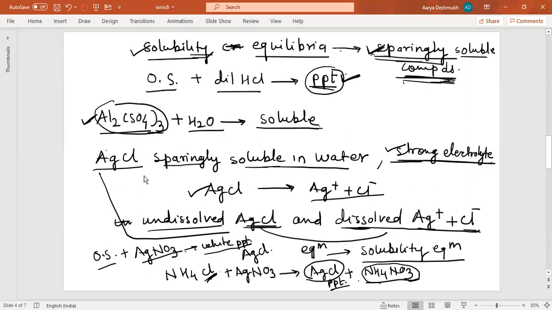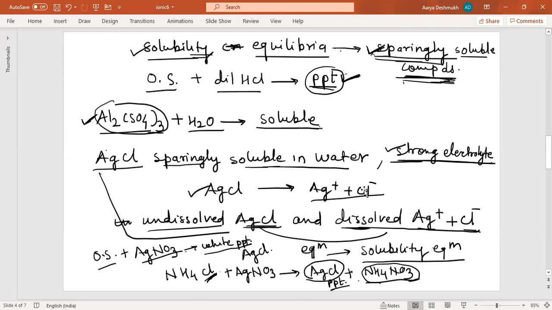Another example is silver chloride, which is a sparingly soluble salt, but it is again a strong electrolyte. The amount of AgCl that is soluble in water dissociates completely into Ag plus and Cl minus.